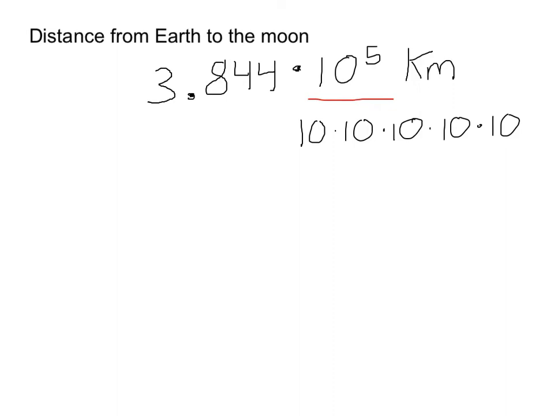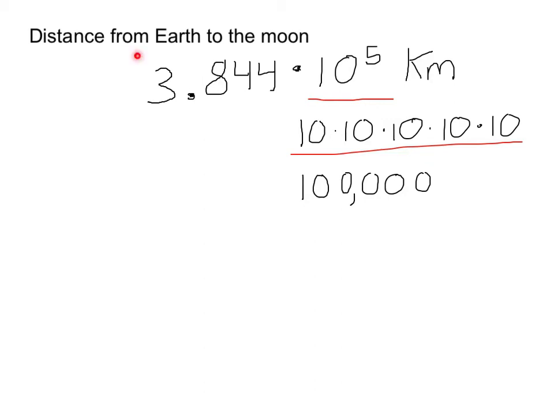We know in expanded form, 10 to the 5th power means 10 multiplied by itself 5 times. So 10 times 10 times 10 times 10 times 10. When we multiply that together, we get 100,000.